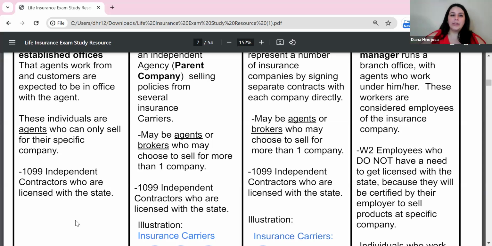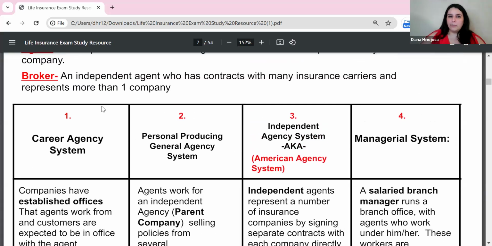Now, again, this is by the book what the exam expects. That is more restrictive, and that is the traditional form. The majority of companies have moved away from that, although there are still a few companies clinging onto that way of life.